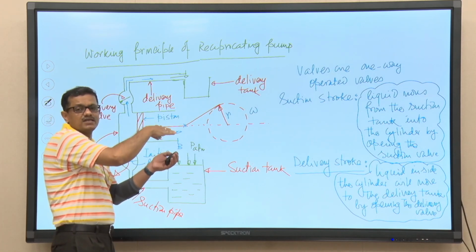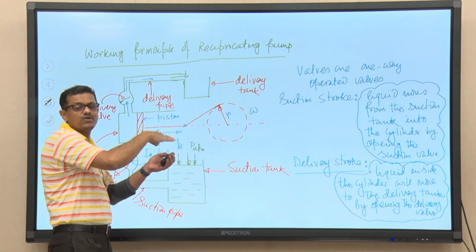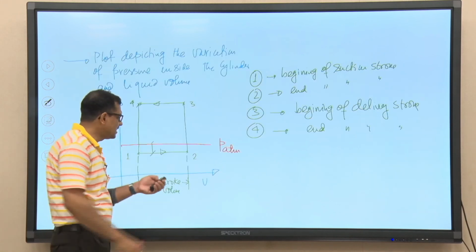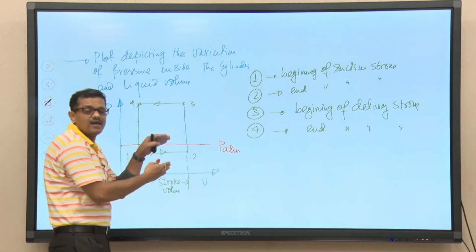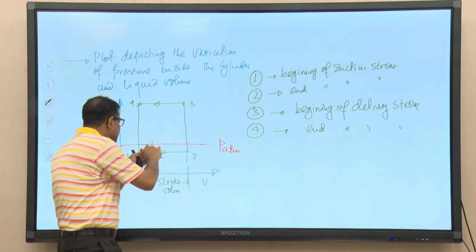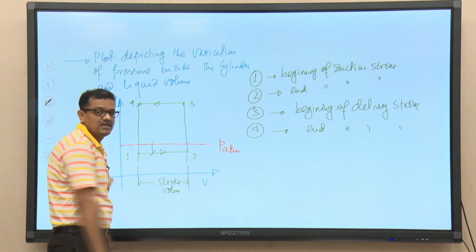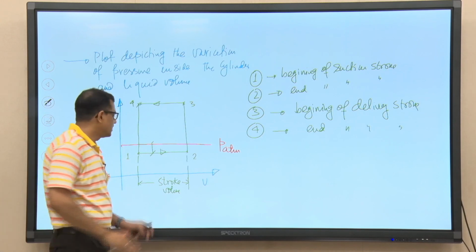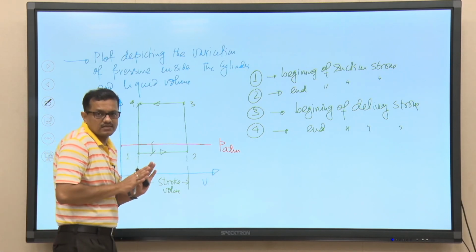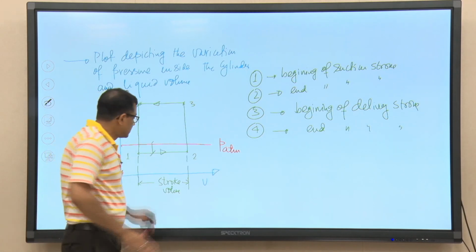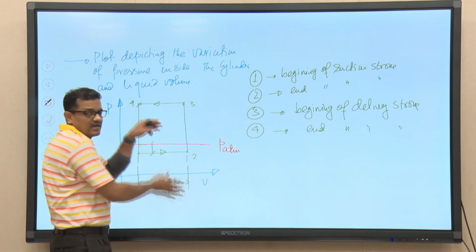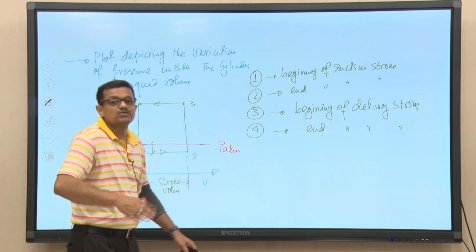Because of this reduction in the pressure difference, liquid movement will be stopped. So, this diagram is giving us an indication as if the pressure difference between the cylinder and the suction tank is remaining constant. That is not the case, right. So, this simplified diagram needs to be modified.